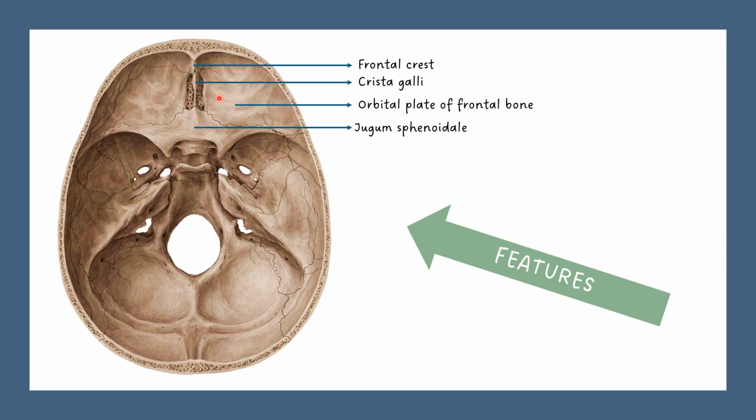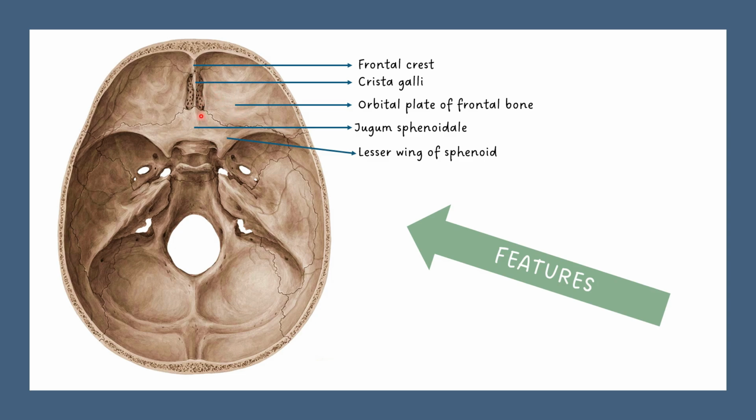Laterally, we have the orbital plate of frontal bone. So each of these orbital plates separates the anterior cranial fossa from the corresponding orbit. And it also shows these impressions for cerebral gyri. It supports the orbital surface of frontal lobe of the cerebrum.